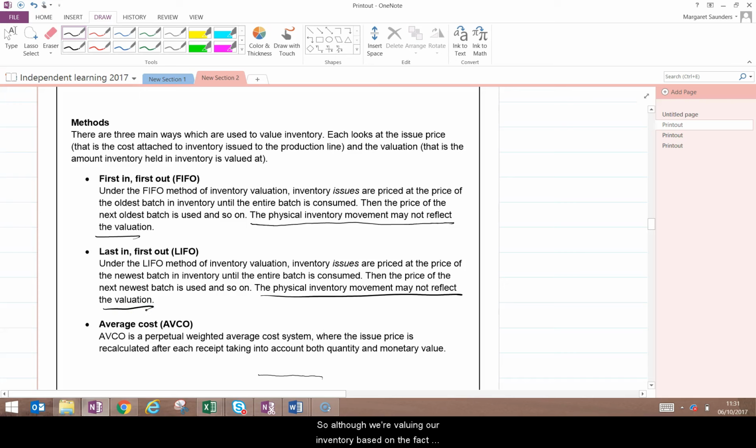So although we're valuing our inventory based on the fact that the first items that came into stock are the first items that we're going to issue, in reality what happens within the warehouse may not reflect that. So although the store's ledger card says we're issuing the oldest items, what the warehouse staff actually take out of the warehouse may not necessarily be the oldest items.